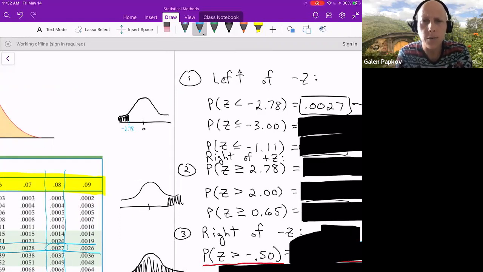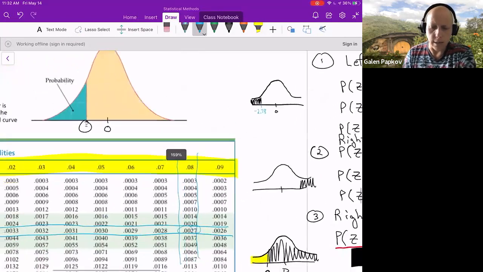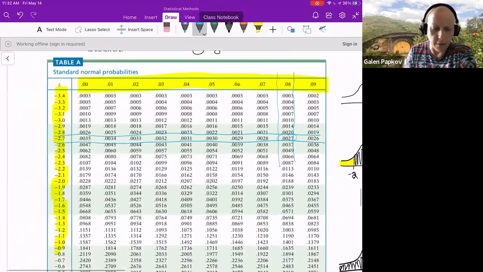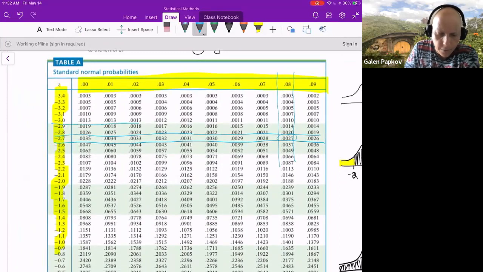Let's take a look at the next one. Probability that z is less than or equal to negative 3.00. This is a less than sign, and the equal sign doesn't actually impact the answer. And it's negative 3. So I'm looking for negative 3. And I see negative 3.0 here.